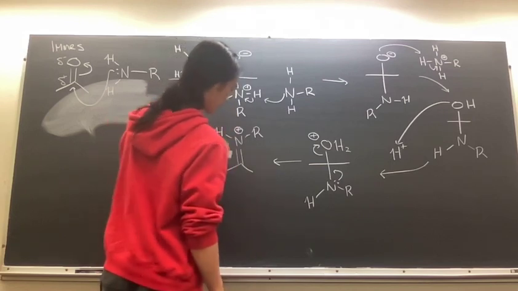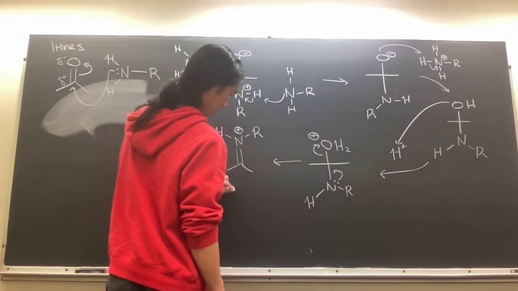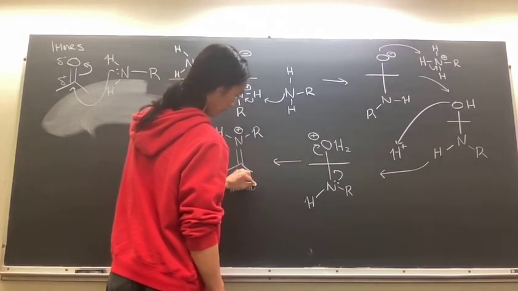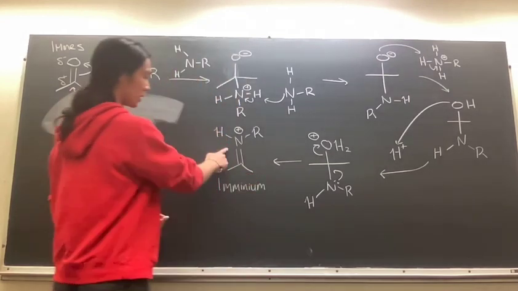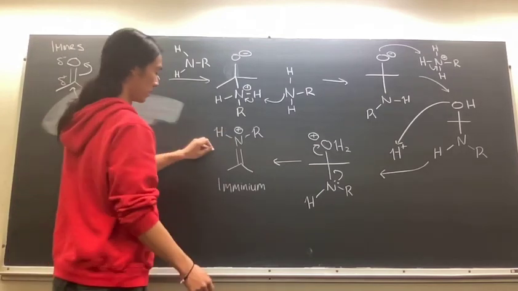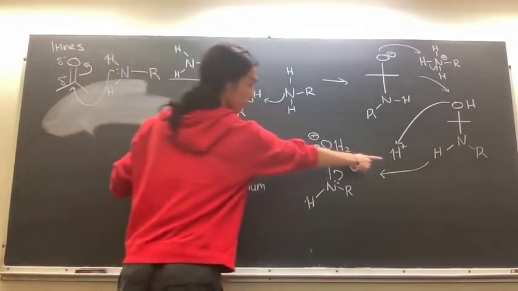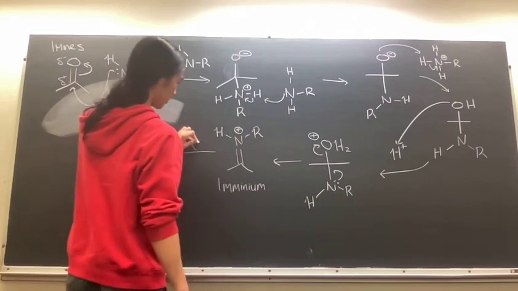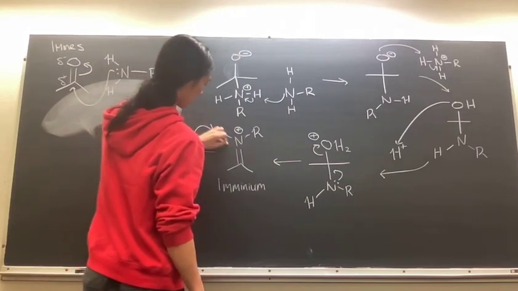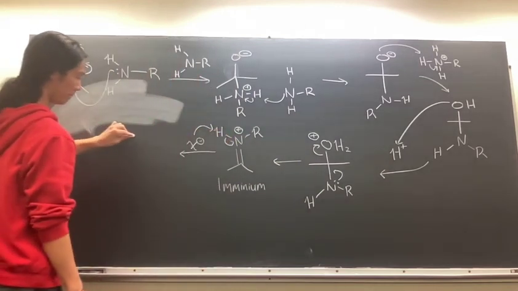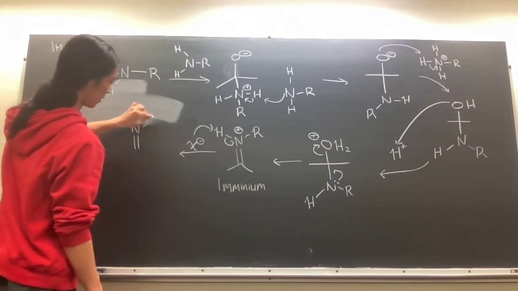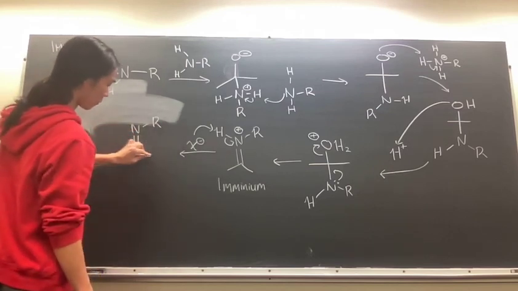This is our iminium ion, noted by the double bond and the positive charge on the nitrogen, and then this is the conjugate base from the acid that we had earlier, which deprotonates the nitrogen. And then we are where we want it to be.